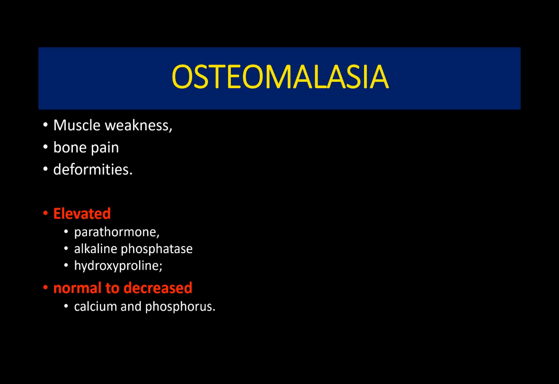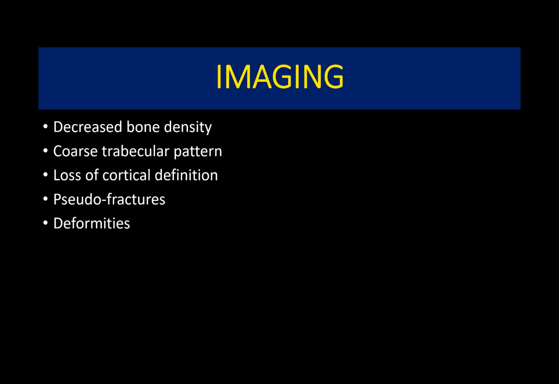In osteomalacia, muscle weakness, bone pain and deformities will be the symptoms. As I told, there will be elevated parathormone and alkaline phosphatase, because bone is getting demineralized. Hydroxyproline will also be elevated in this patient, with normal or decreased calcium and phosphate based on how much parathyroid hormone is acting.